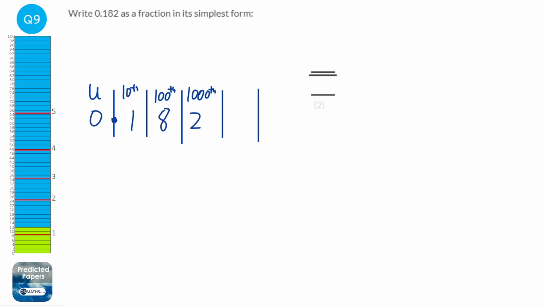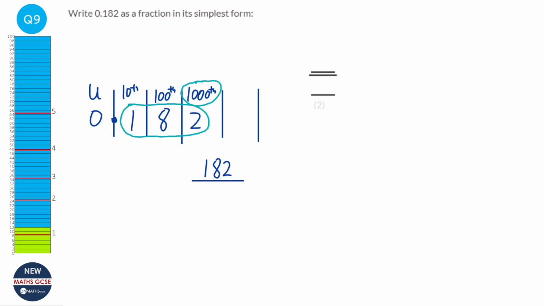If you read off the number, it's 182 thousandths. So you just look at where the last digit is and look at what column it is, and reading the digits from left to right, you can put that number, 182, over that last column, 1000.